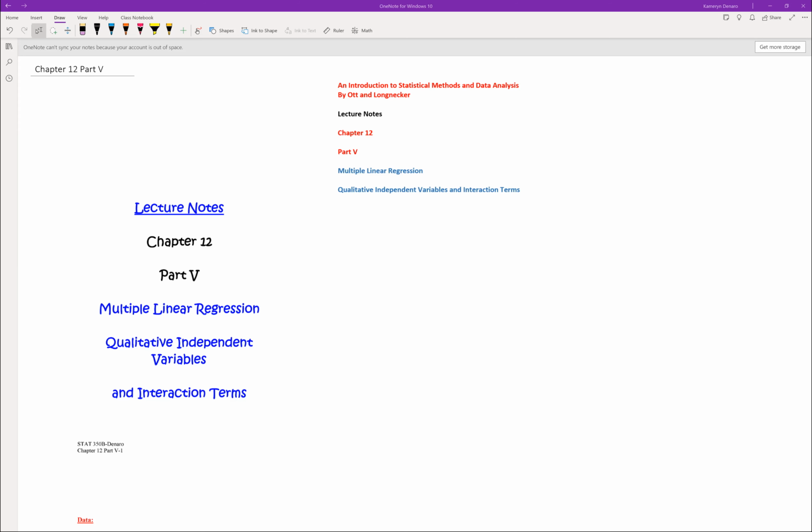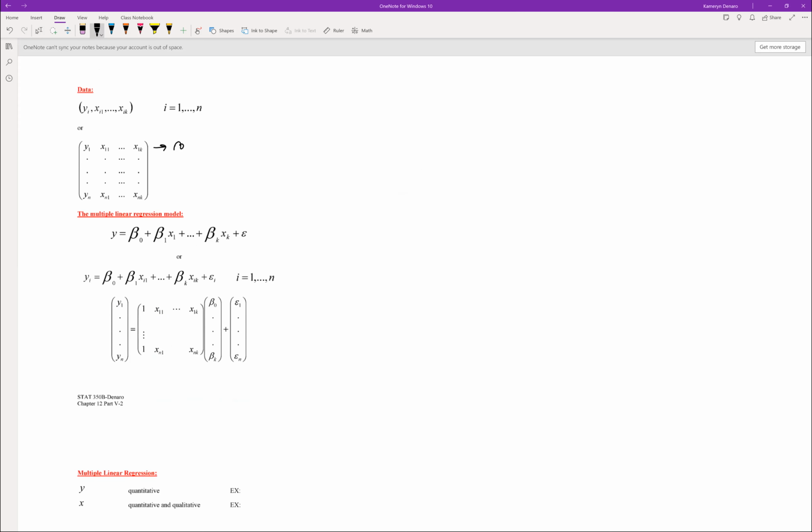So every row, row 1 all the way down to row n, is one per subject in our study. Whereas the columns, column 1, column 2, and so on, all of our columns are the different variables. So the columns represent the variables.